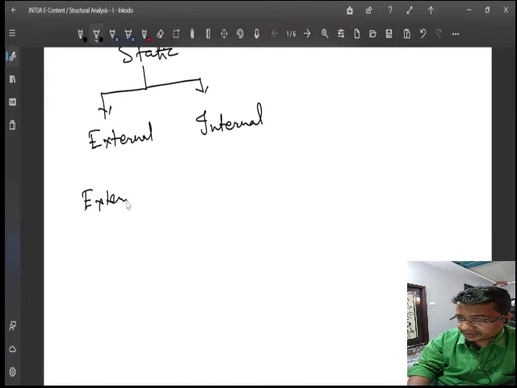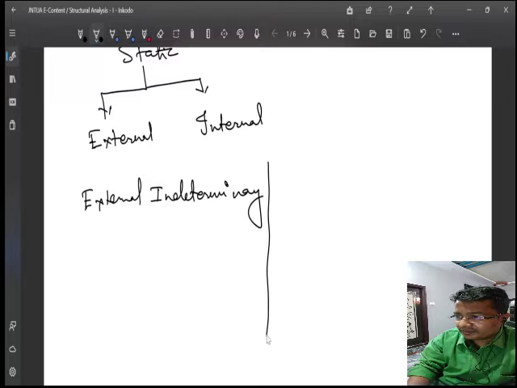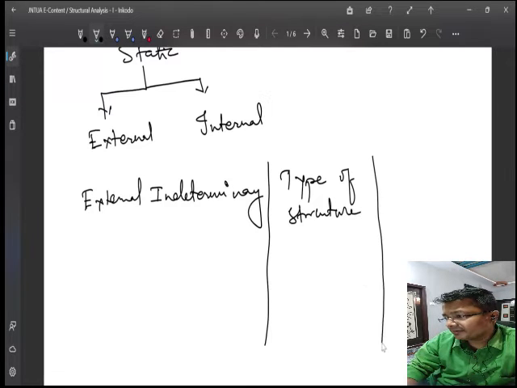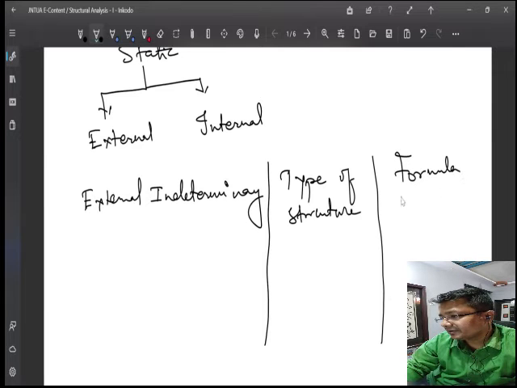So let's give the first heading, or let's make a table. In this one: external indeterminacy, the type of structure, and the formula to be used.